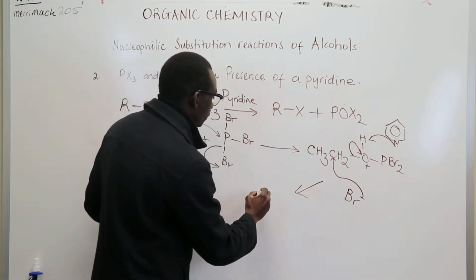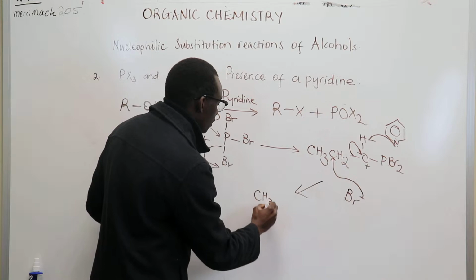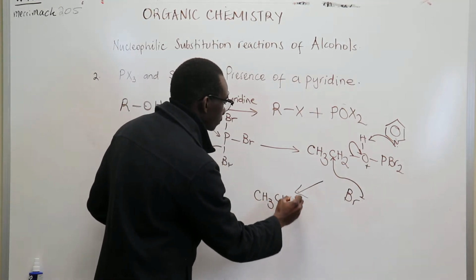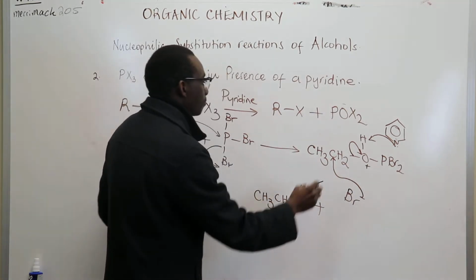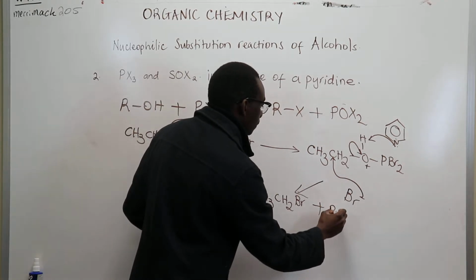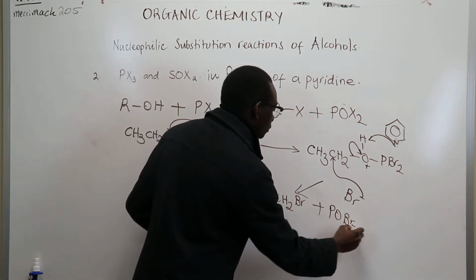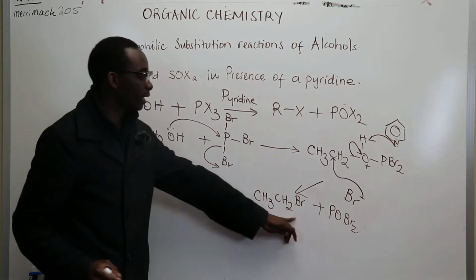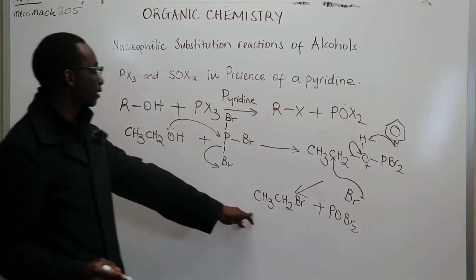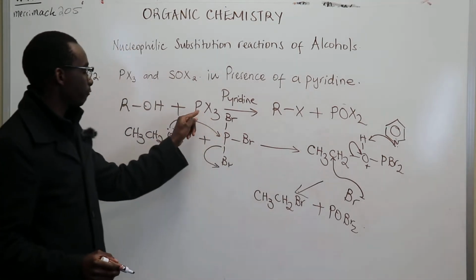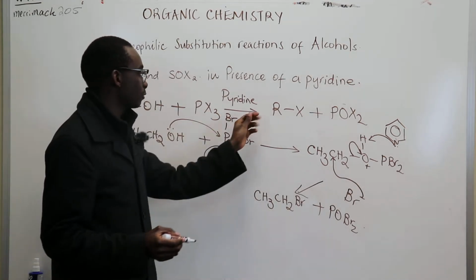Then we shall form bromoethane as our major product plus POBr2. So this is our product when primary alcohols react with phosphorus tribromide in presence of a pyridine.